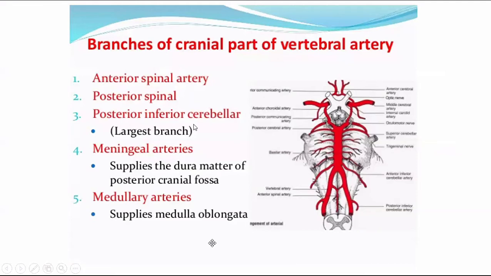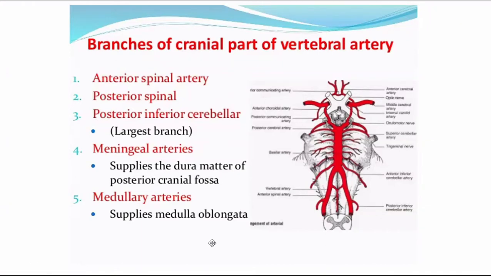Then we have the meningeal arteries, which supply the dura mater of the posterior cranial fossa. And finally, the medullary arteries, which supply the medulla oblongata. So these are your paired vertebral arteries, which join at the lower border of the pons to form the basilar artery. Okay, so far.